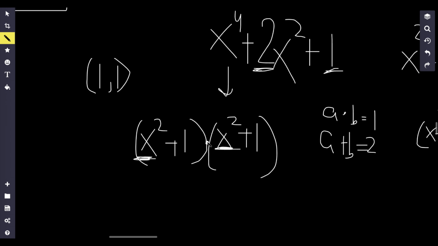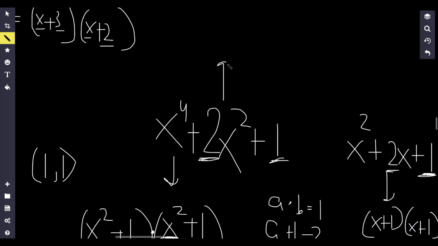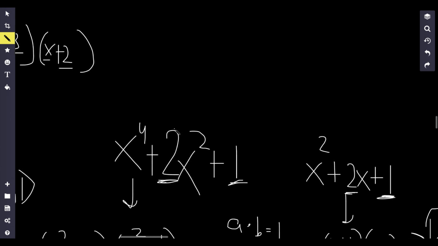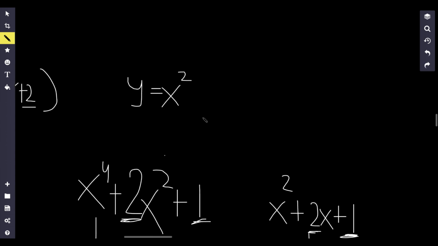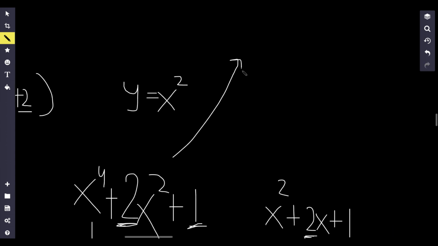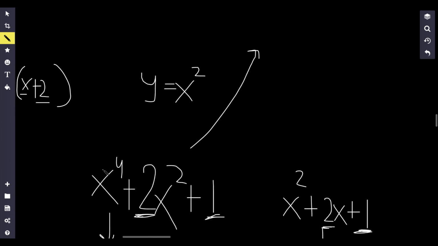Now, maybe an easy way to do this is you let y be equal to x squared. So instead of x squared being there, let y be equal to x squared. If I rewrite the equation like this, x to the 4th power can be rewritten as x to the 2nd power to the 2nd power, so this is just going to be equal to y to the 2nd power.